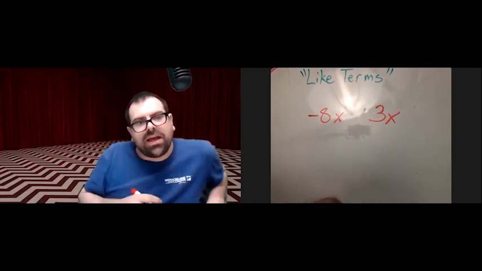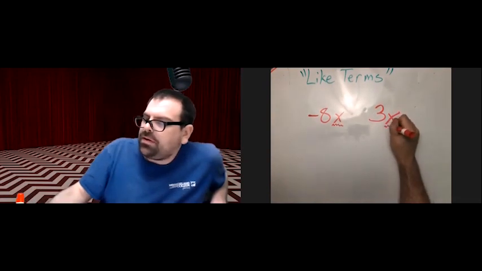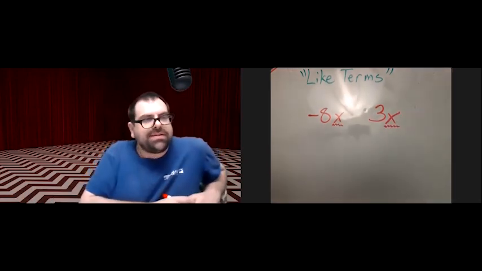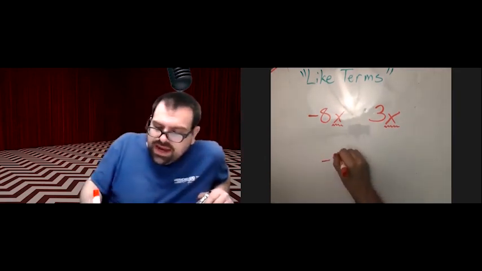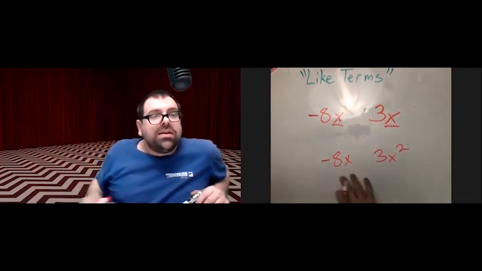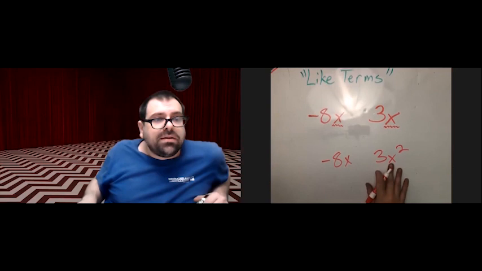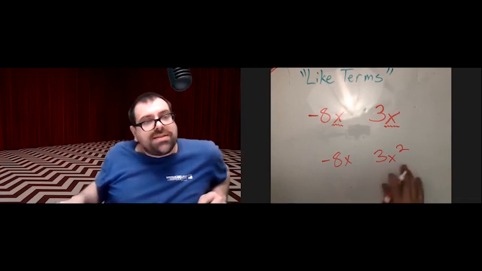The reason they're like terms is because they have the same variable piece raised to the same power. So -8x and 3x squared, these would not be like terms. They both have x, but they're not to the same power.